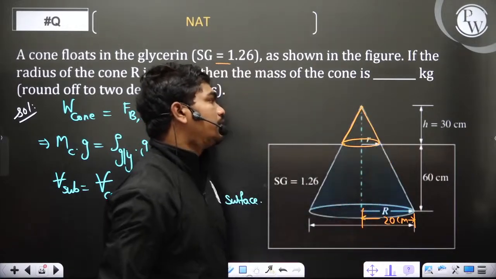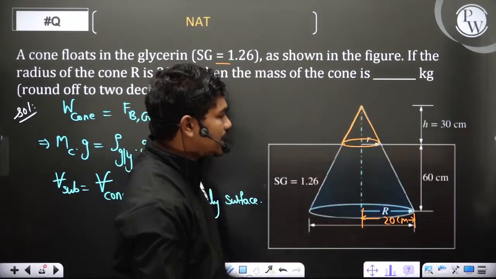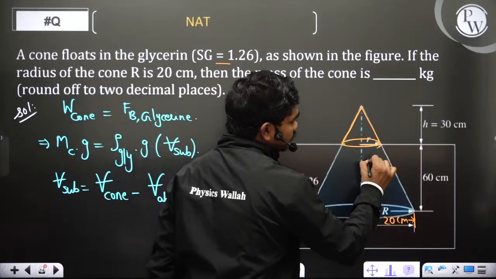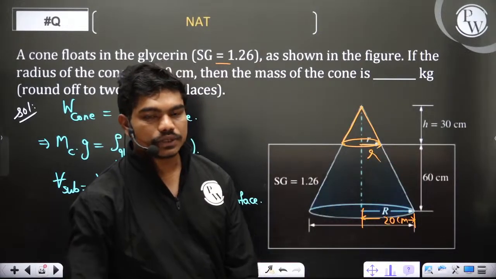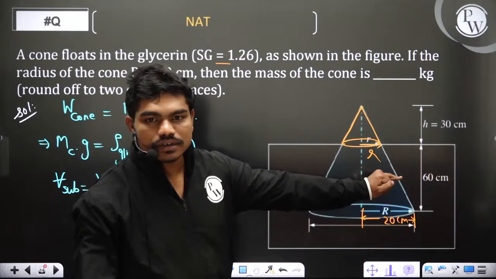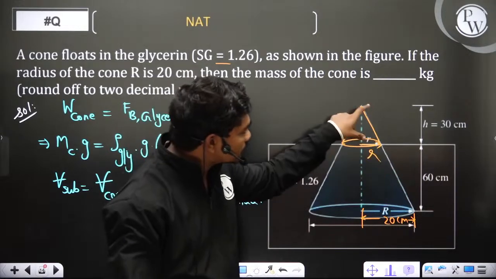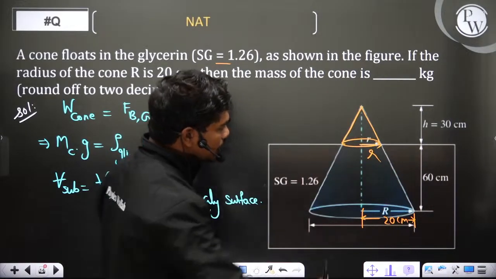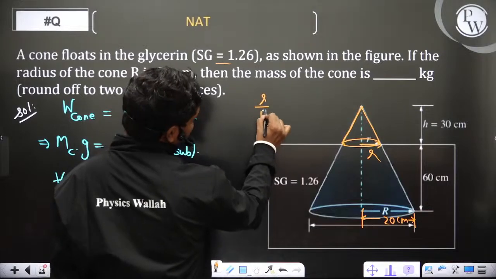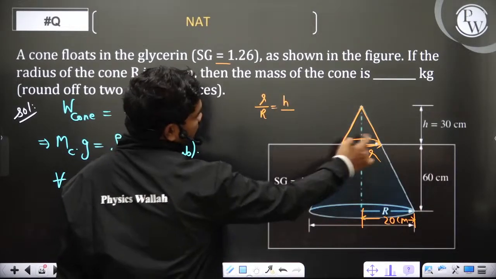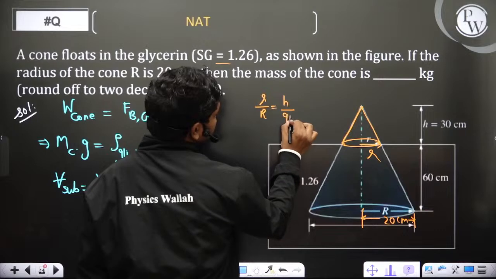Now in this cone the height is h, 30 centimeters. Now what about this radius here? Obviously if you apply similar triangles, you can see this height is 30 and this is r. So small r by capital R is equal to small h by 30 plus 60, total 90 centimeters.